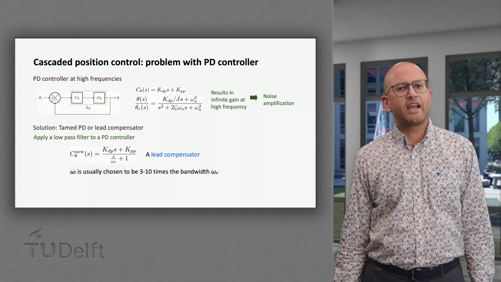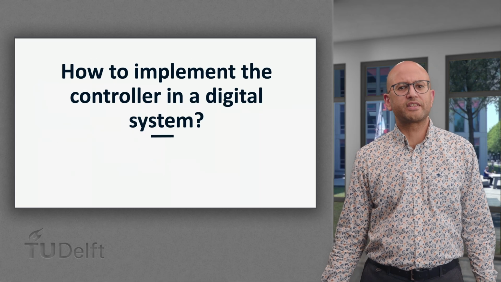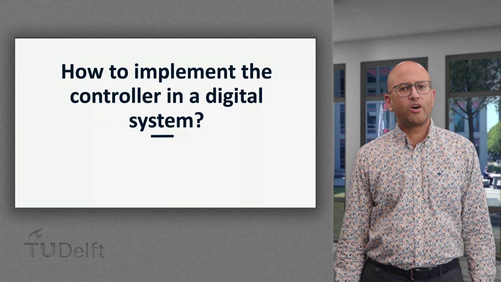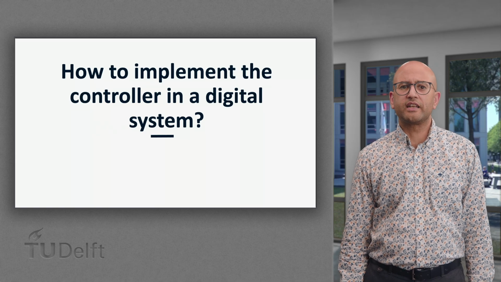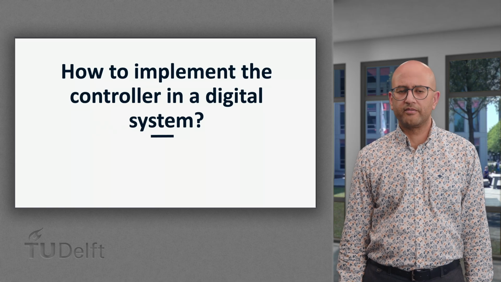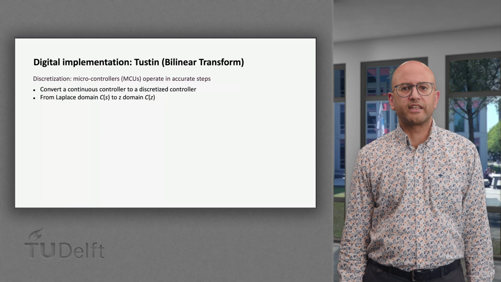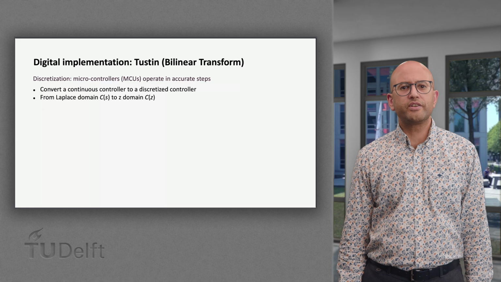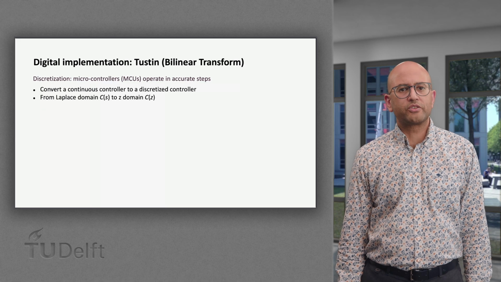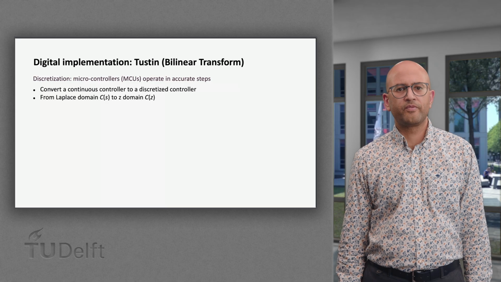The last question is how to realize these controllers in digital systems, since all previous analysis was done in the frequency or Laplace domain. This is achieved by discretizing the controller by converting the Laplace domain transfer function into the discrete Z domain.